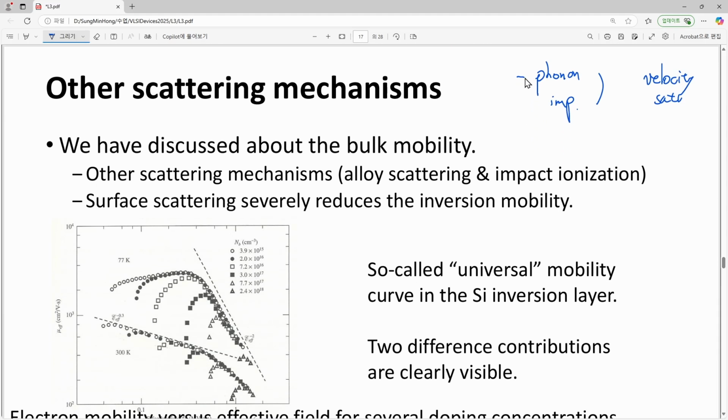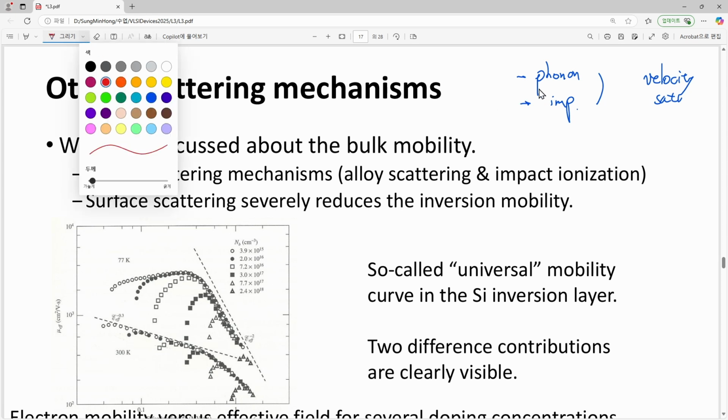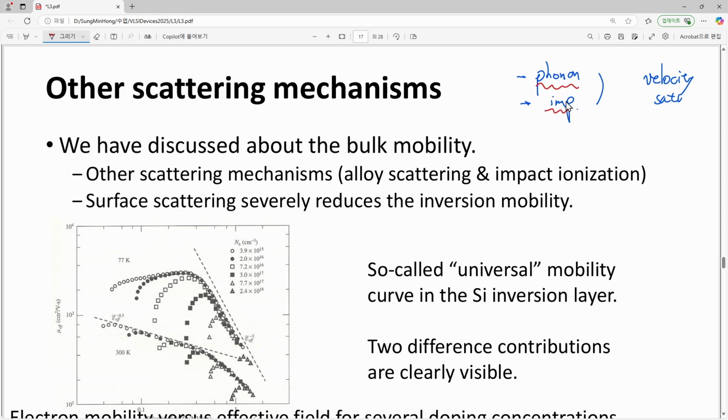All of this phonon scattering and impurity scattering can be found even in other devices, not only surface channel devices, for example, BJT or PN junction. For those devices, we still have phonon scattering and impurity scattering. But if we consider a MOS device, which uses the surface channel as the main conducting channel, then actually we have additional scattering mechanisms.